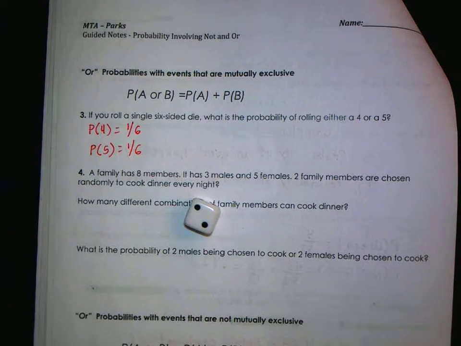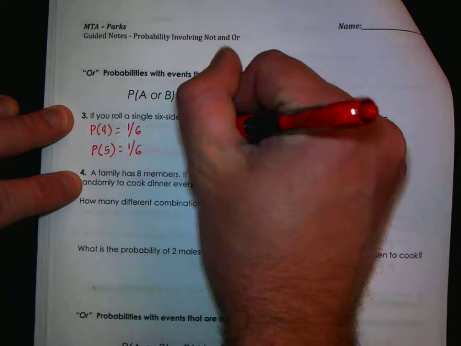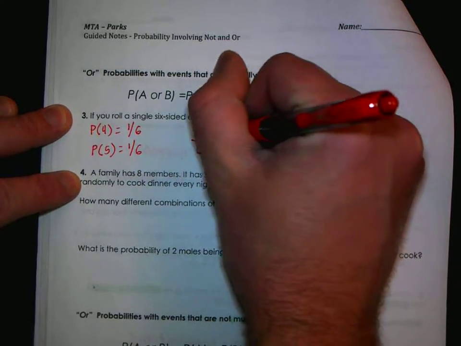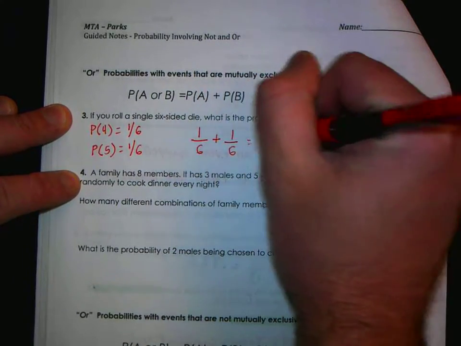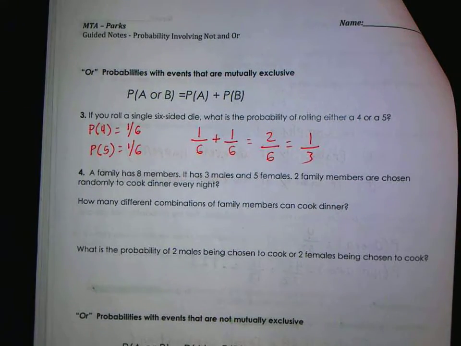Does that make sense? So, we just do 1/6 plus 1/6, which is 2/6, which reduces to 1/3, which is 0.33, which is 33%. I'll just leave them as fractions. Does that make sense?